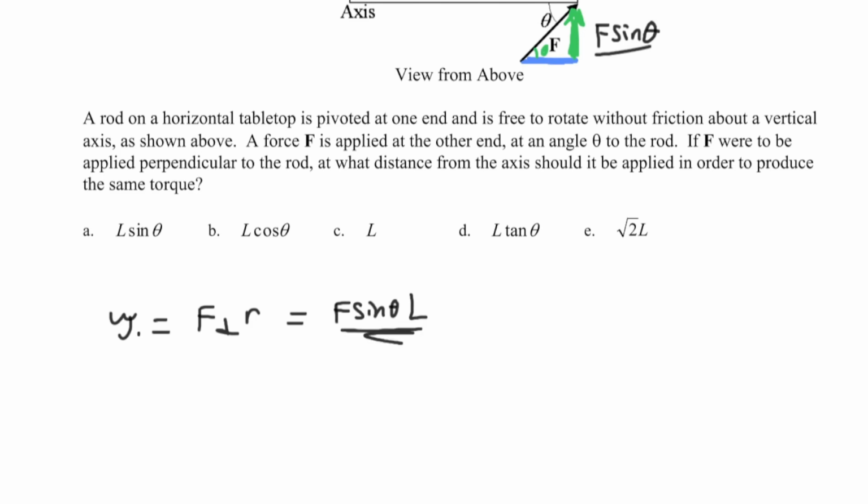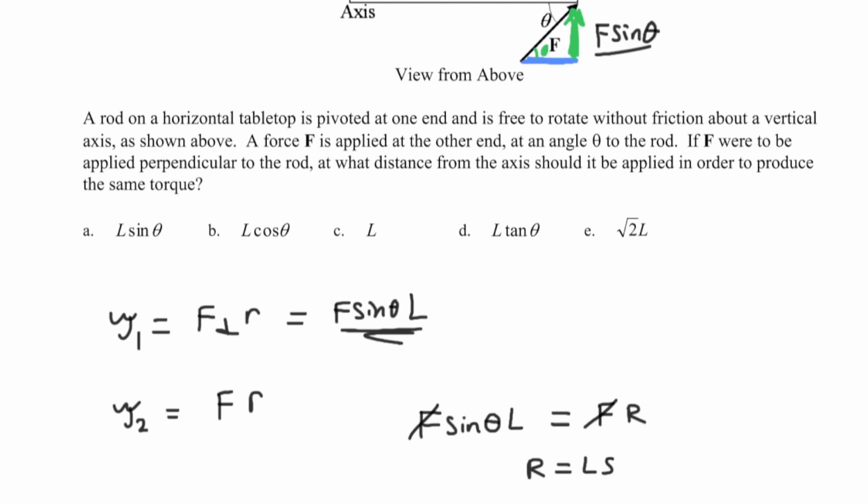So this is T1. Next, we want to generate the same torque by multiplying a force F at some distance r that we don't know. If these two things are equal, we set F sine theta times L equal to F times r, and we get that r is equal to L sine theta, which is, interestingly enough, just the lever arm of the original force.